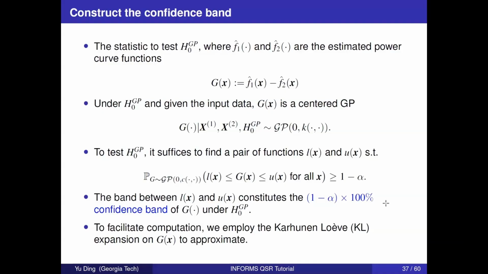The first 4 bullets are more or less standard. But when we do that, we run into a computational problem. And this is exactly one of the points where my former colleague, Retool, gave a lot of help, suggesting using the KL expansion to get rid of those computational problems.